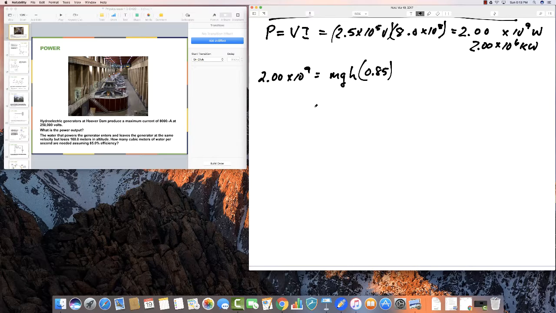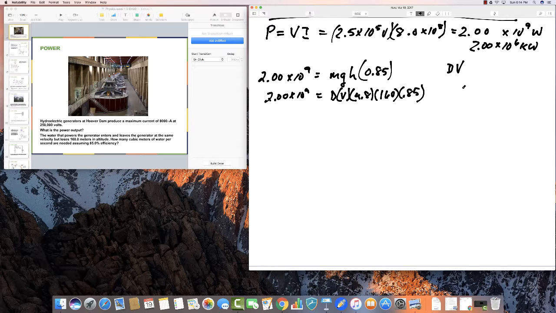M actually is the density times the volume. So this number, 2.00 times 10 to the 9th, is going to equal the density times the volume, because the density times the volume is m, times 9.8 times 160 times 0.85.